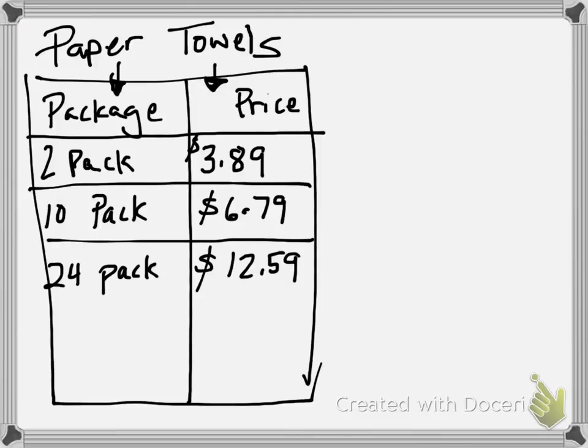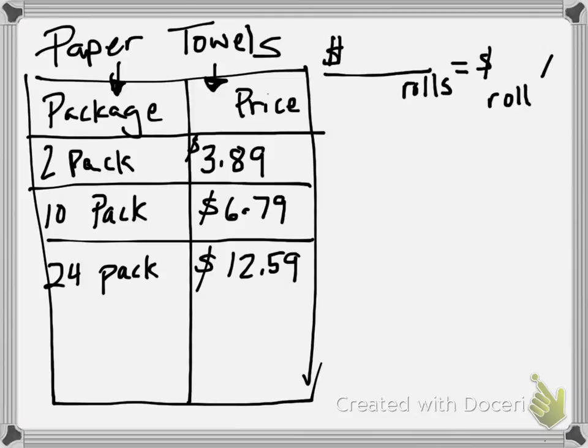Now you might first just look at this and be like, whoa, well obviously the $3.89, that's less money, duh. Well, it is less money, but we're thinking about a unit rate, which is the price for 1 unit. So we need to figure out how much is it per roll of paper towels. So we're going to have to do some division to get this figured out.